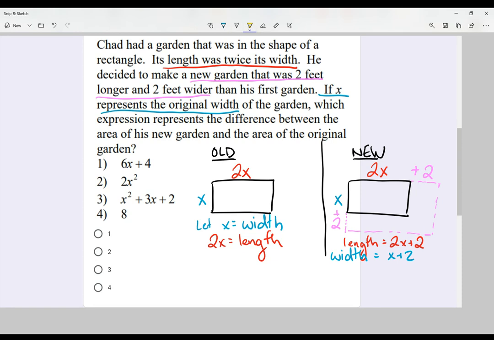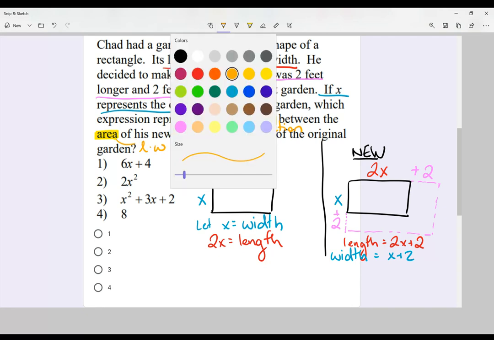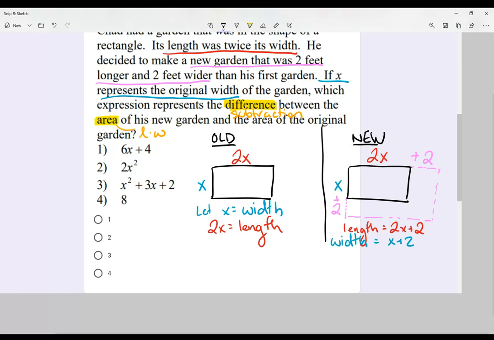And the question wants us to find the difference, which means subtraction, between the area of the new garden and the old garden. Remember, area is length times width. So we're going to find the area of each and subtract.